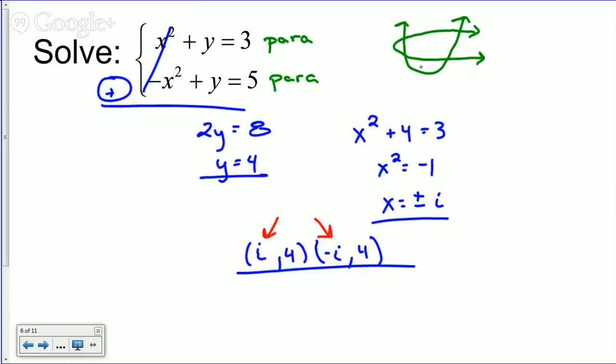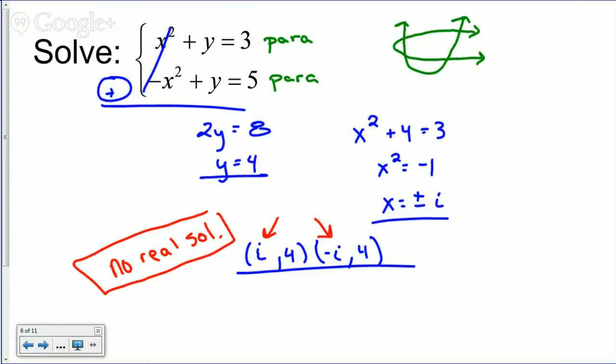So that tells me that these two parabolas will not intersect. So in this case, there are no real solutions. Yes, everything has a solution, and we found them, but they're not making my parabolas intersect. So we'll stop and say no real solutions there.